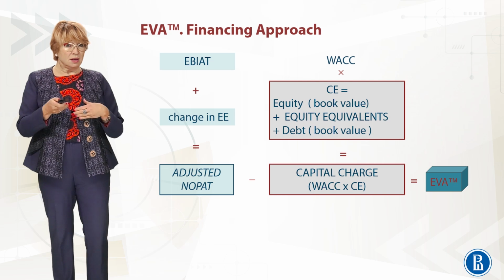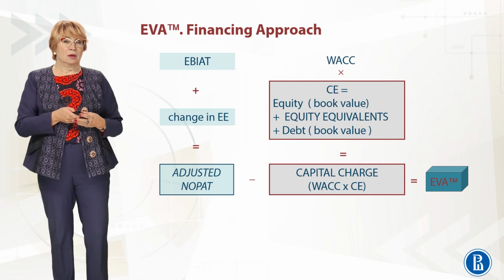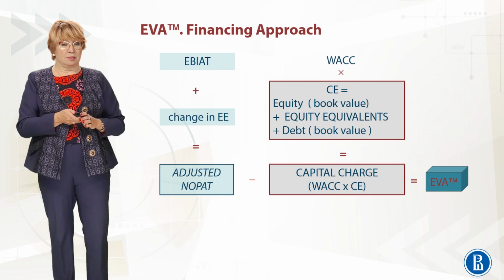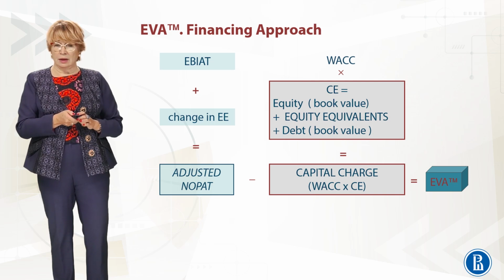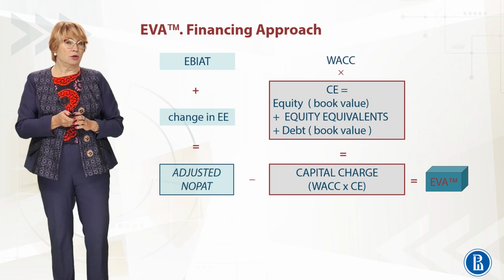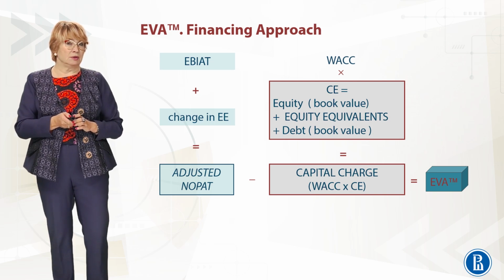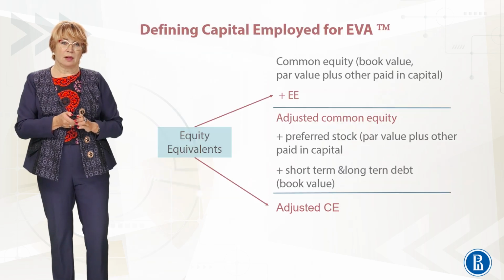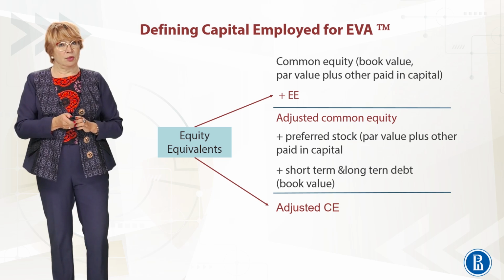So EVA as a conception by this particular company requires lots of different adjustments. We may discuss them in detail in our project seminars. So equity equivalents would be used for the purpose of capital employed adjustments.